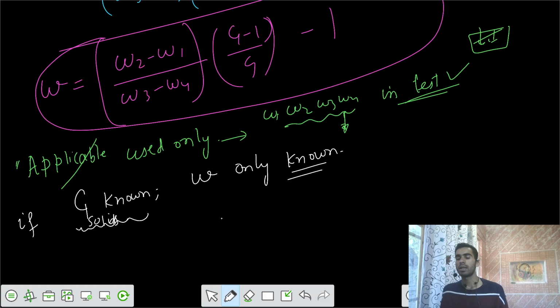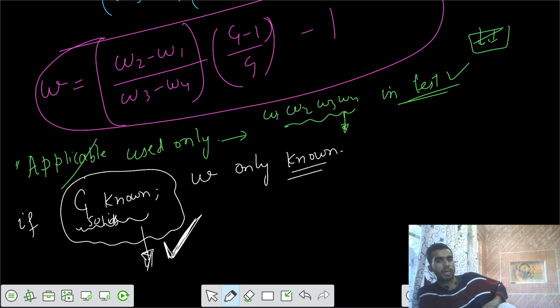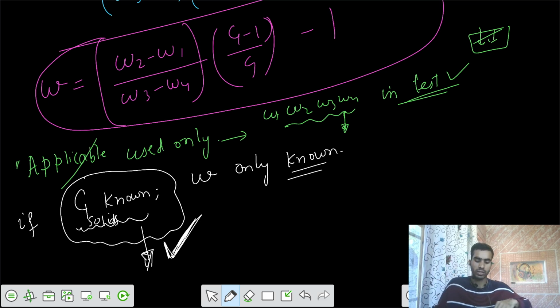So there is a limitation for this method: we must have the value of G first. We should know the value of G for this kind of soil at an earlier time. Otherwise, you won't be able to solve the water content calculations. This is the limitation we have.